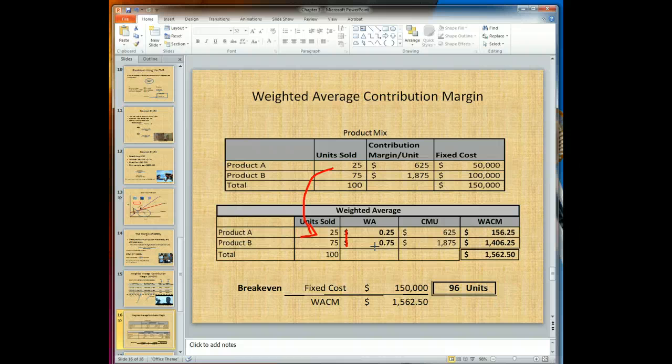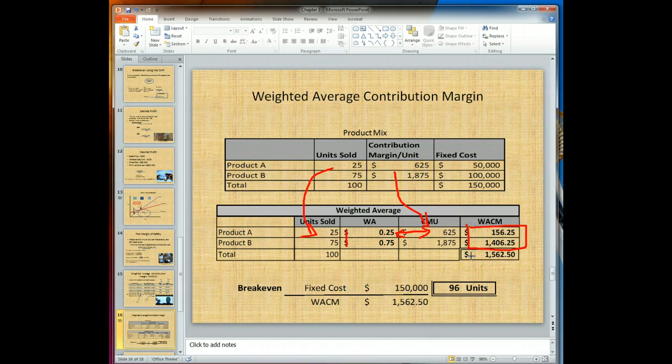So for each unit sold, if I sell 10 units, let's say a quarter of them will be from A, 3/4 of them will be from B. Contribution margin, again, I just dragged that down. Now I'm going to do what I thought I was doing in the last table. You multiply these two and you get these numbers here.